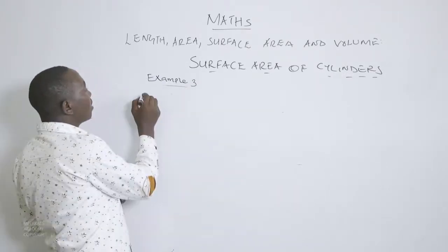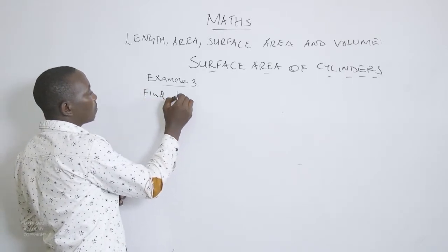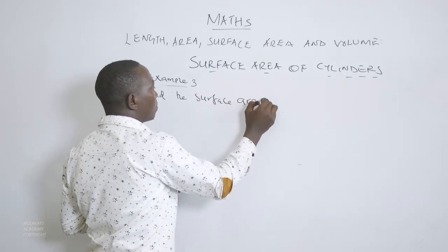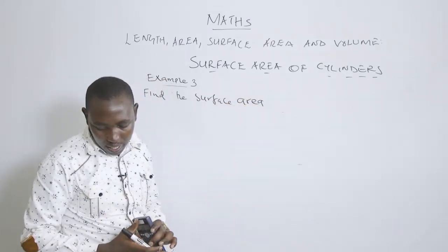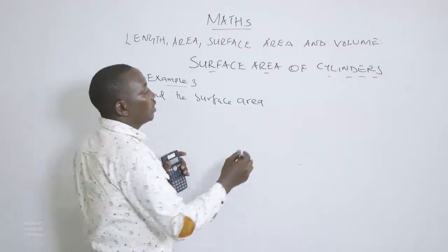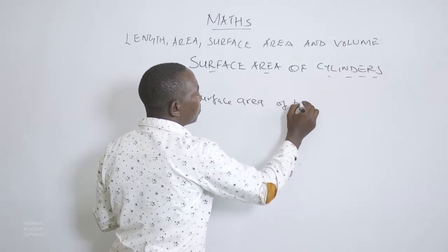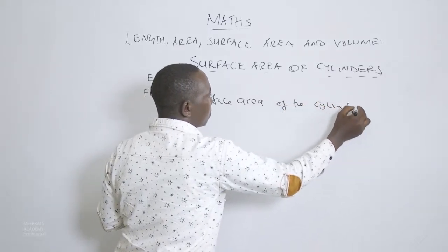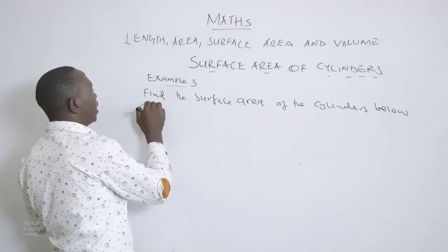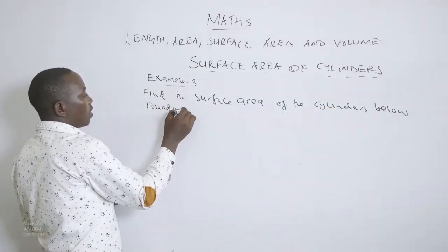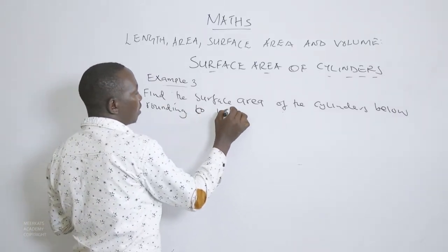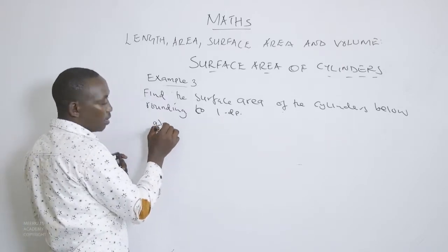Example 3. Find the surface area of the cylinders below, rounding off your answers correct to 1 decimal place.